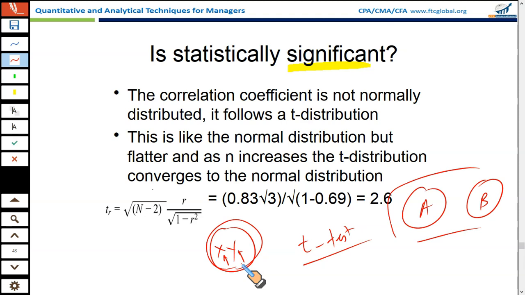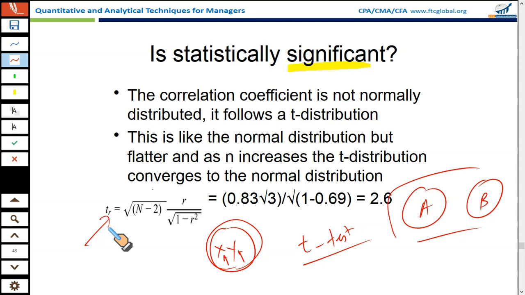So the formula we're going to use is this one. This is called the t-value. The t-value is a statistic calculated from sample data. It measures the size of the difference relative to the variation in the sample data. How strong is the relationship? How significant is the linear relationship between two variables?